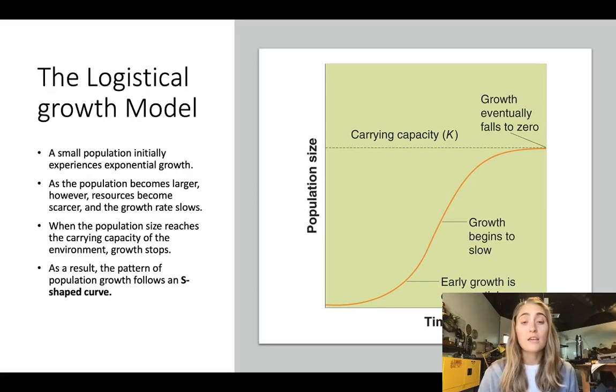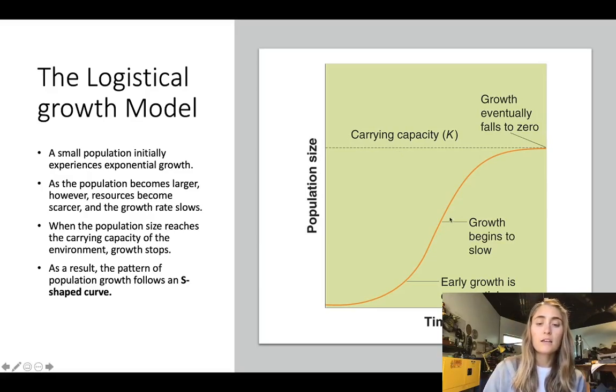What will eventually happen is the population will reach its carrying capacity, and that's always represented by letter K. Letter K, or the carrying capacity, will depict how large the population size will get. So the population size can never exceed the carrying capacity. If the population does exceed the carrying capacity, then we'll experience something called die-off, and we'll talk about that in a slide or so.